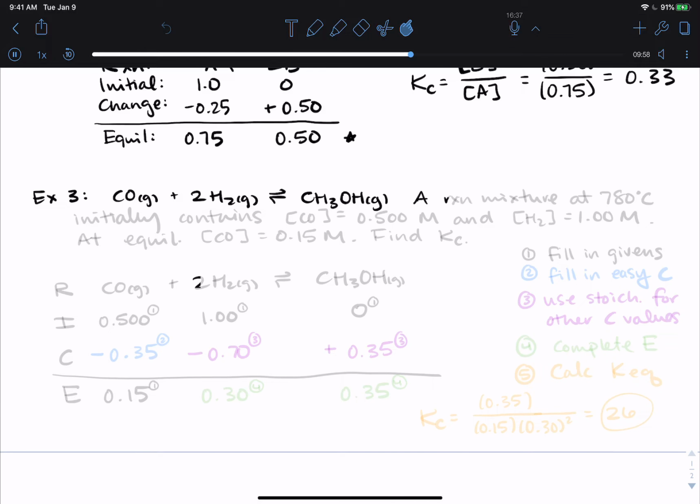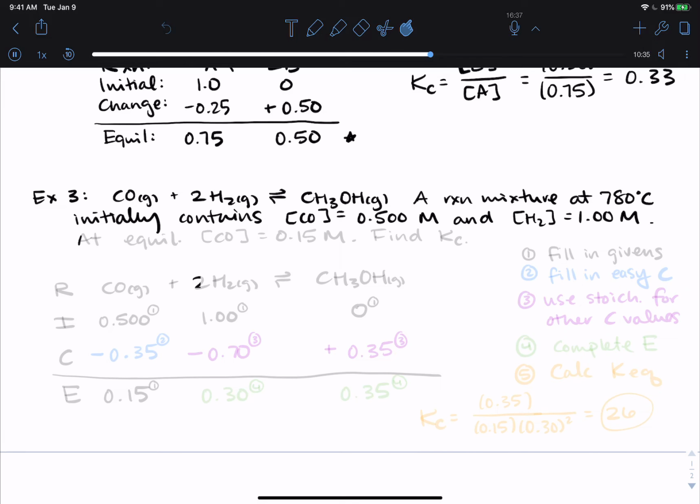And we have a reaction mixture at 780 degrees C initially contains a concentration of CO equal to 0.5 molar and a concentration of H2 equal to 1 molar.